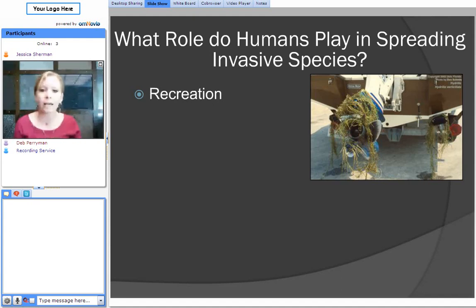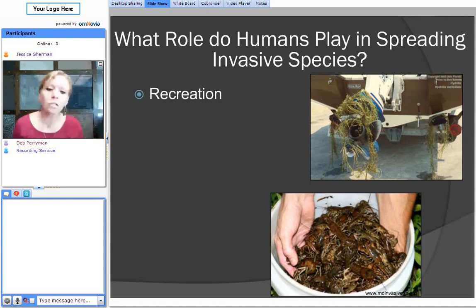We see plants that get caught in the propeller or the prop, or they get attached to the boat trailer, and then a fisherman or a recreational boater will go from one lake to another lake and carry invasive species to new areas. We also see bait bucket release, so fishermen who will purchase crayfish or collect crayfish or small minnows from one water body or purchase them from a store will release them at the end of the day into whatever water body that they're fishing in.